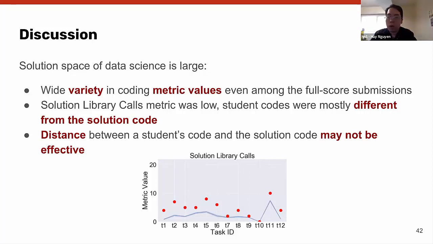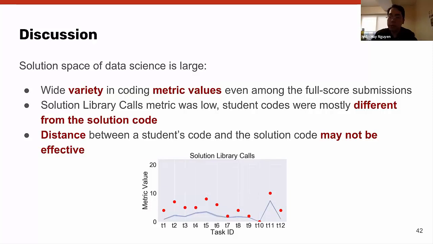While prior research in introductory programming has typically used the distance between the student's code and the solution code to measure their progress, our findings indicate that such an approach may not be effective here because students might perform well even when they took different approaches from the solution.